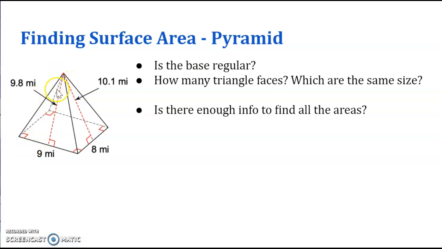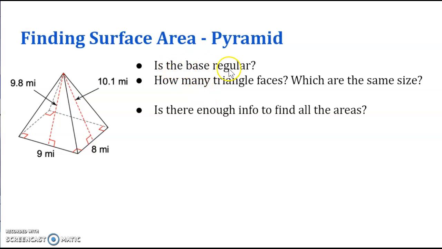And we are given the slant height. You can see that this length is going to be different to this length. Why is that? Because the distance from this point to the apex is going to be different from this side to the apex.